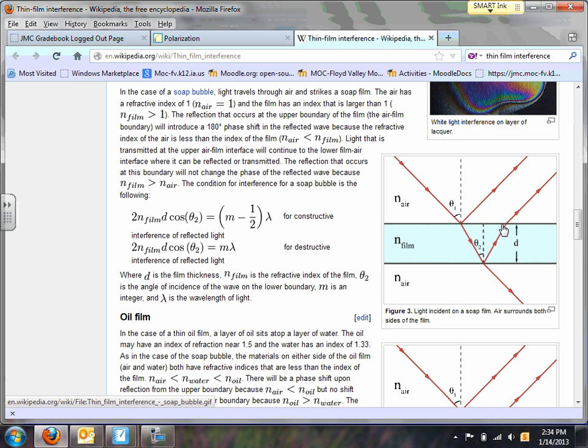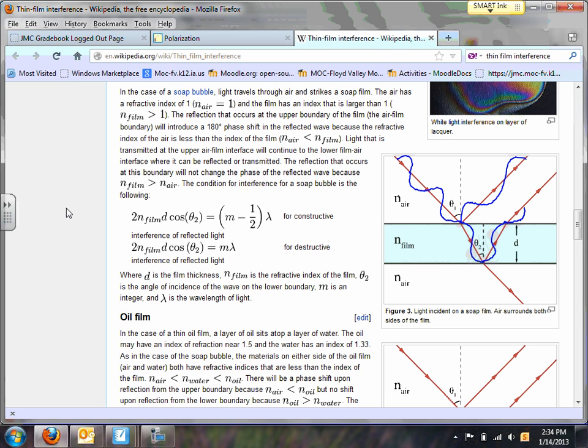So if the wave is going this way, and we continue on like so, this wave, when it continues on, should be down.